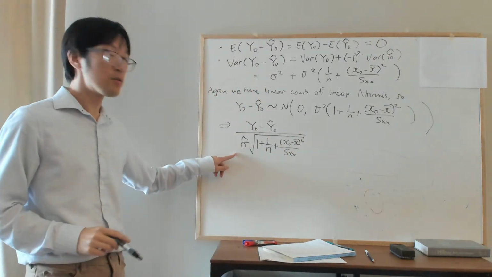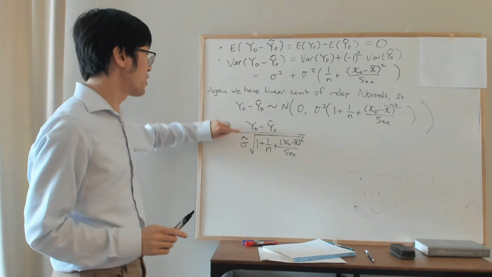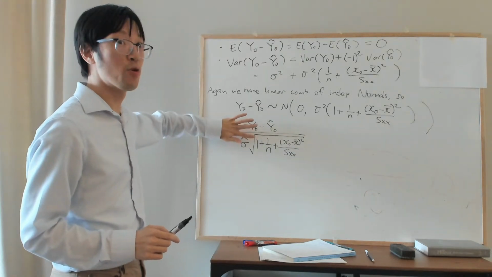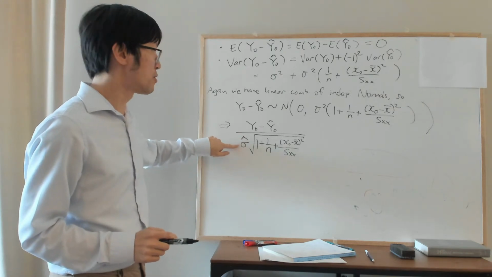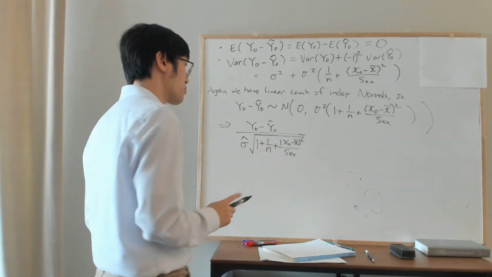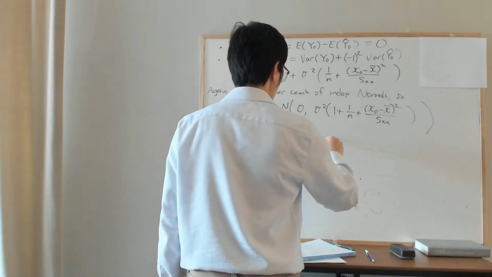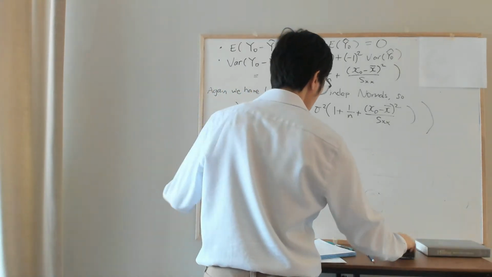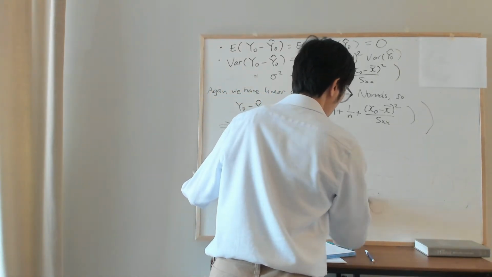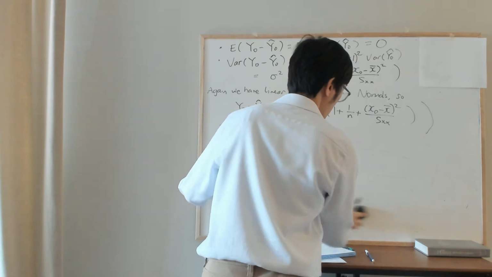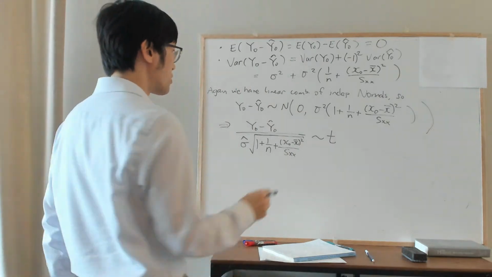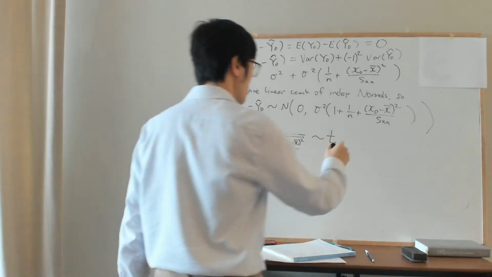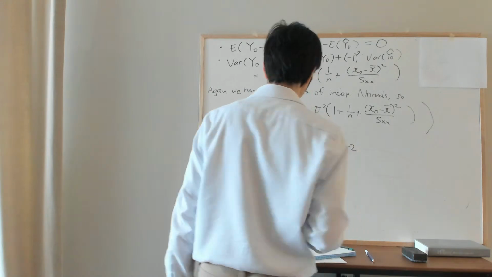If it was just sigma, then this would be a standard normal, but I've plugged in sigma hat, the estimated value of sigma, so this follows the t distribution, similar to how we got the t distribution for the estimator of beta 1. The t distribution has degrees of freedom n minus 2, as before.